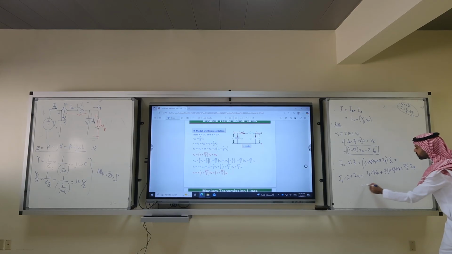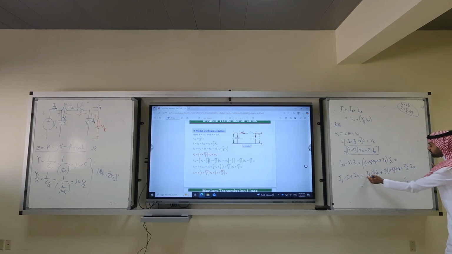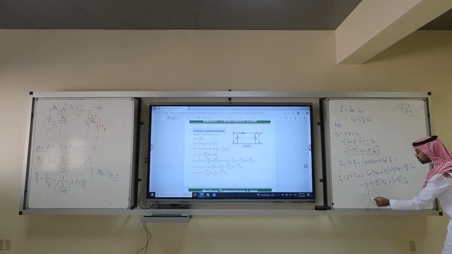By grouping, let's do IR first. What are the coefficients of IR? 1 plus ZY over 2. What are the coefficients of VR? Y over 2 plus Y over 2 plus ZY squared over 4 VR, which is equal to Y plus ZY squared over 4 VR plus (1 plus ZY over 2) IR.